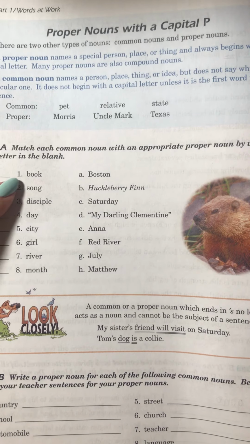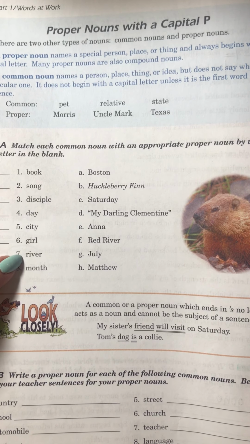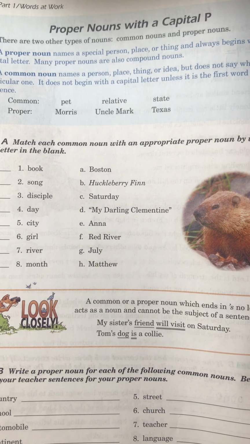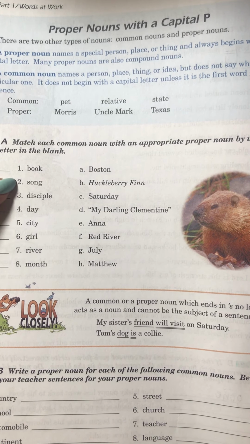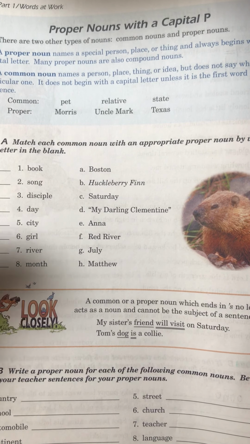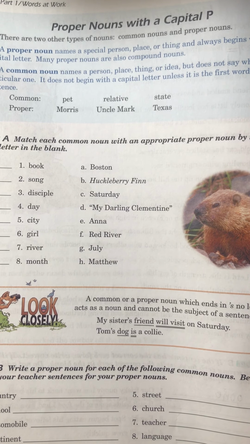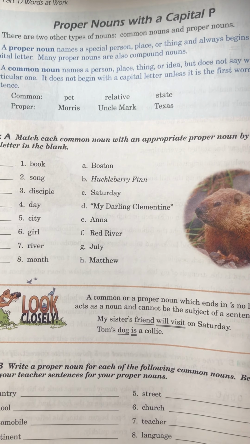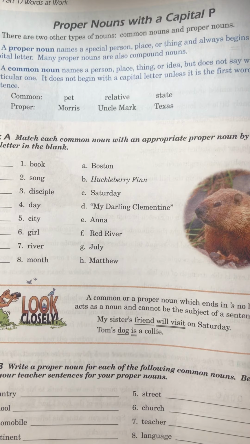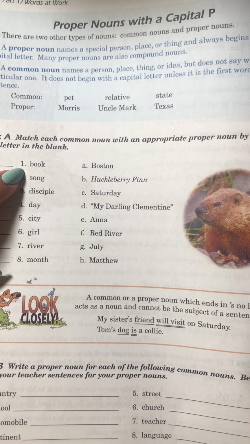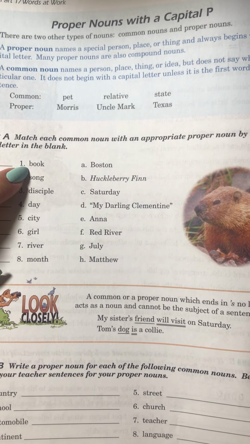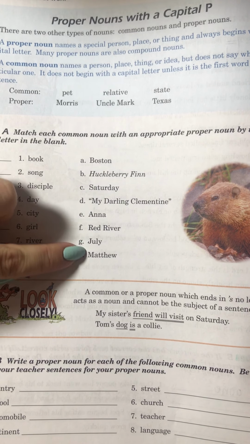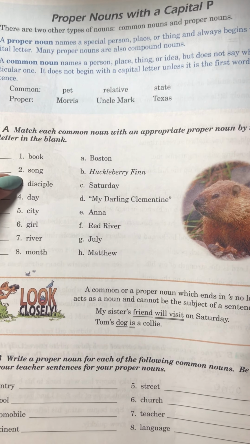What you're going to do is just read the common noun and then decide which of these proper nouns match. What I like to do is, if I find one that I'm not sure about, I'll skip it, do the others, and sometimes you're left with just one or two and you can figure it out at the end. For example, number 1 is book, and if you're not actually sure which of these are the names of books, then you can just skip it.